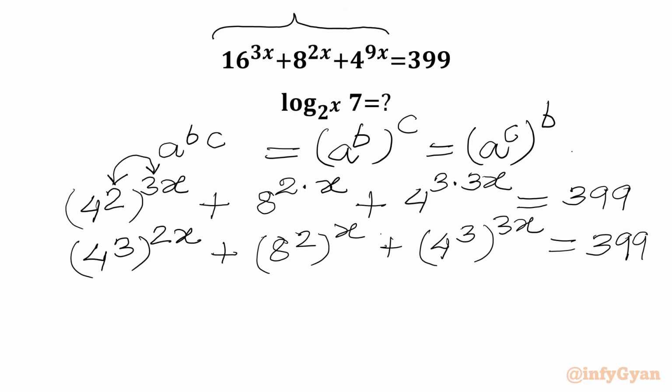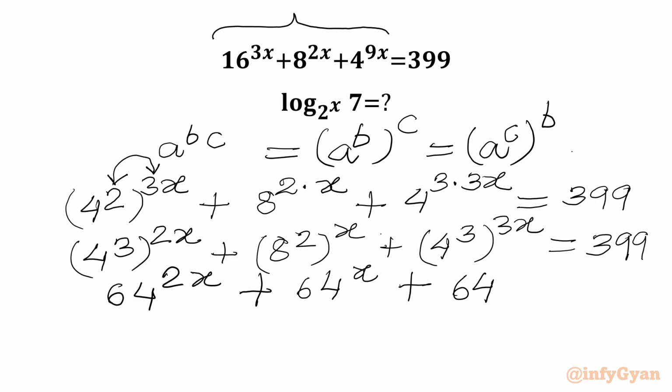Now we know that 4 cube is 64, 8 square is 64, 4 cube is 64. So we will write 64 power 2x plus 64 power x plus 64 power 3x equal to 399.